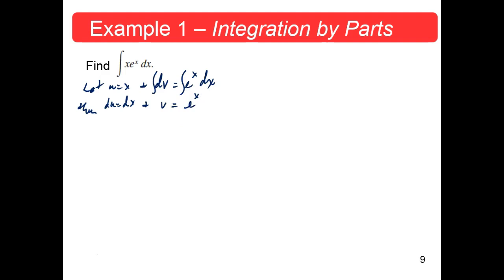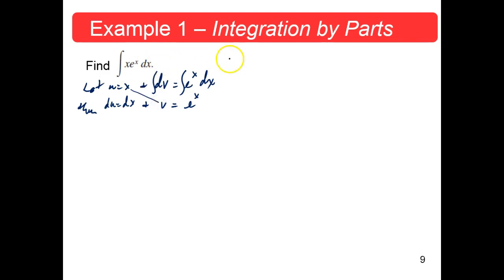So now you started with, split it up. The u part you wanted to get simpler when you differentiate, and the dv part you wanted not to get any worse when you integrate. We fit both bills. Now what do we do? Follow the formula, and the formula is take the product of the two functions.